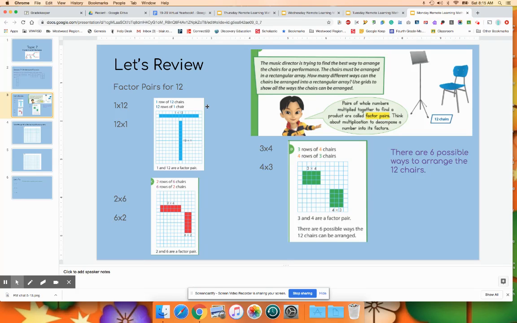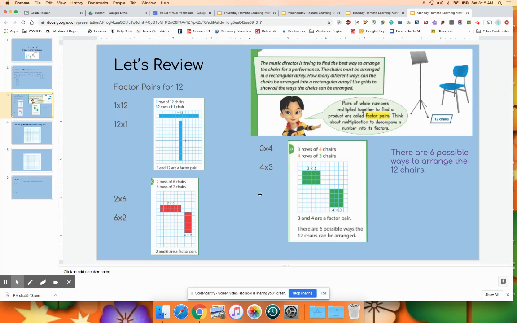All right. So here they gave us also the grids. So you could do 1 times 12, one row of 12. You could then turn that around and do 12 times 1, 12 rows of 1. We also know 2 times 6 gives you 12. So 2 rows of 6 columns, or flip it around, 6 rows of 2 columns.